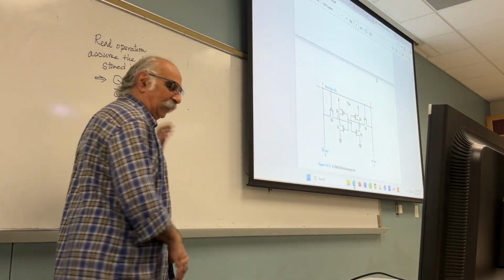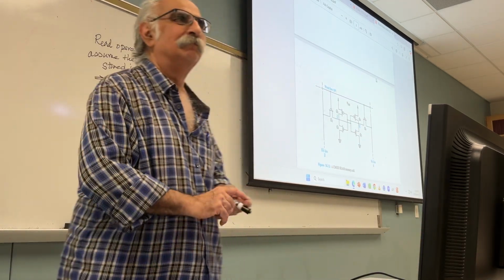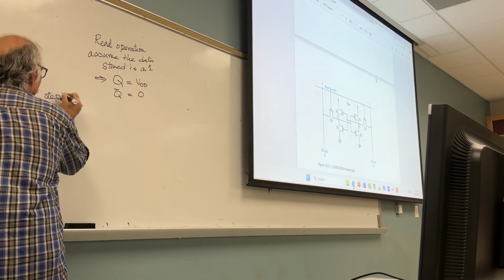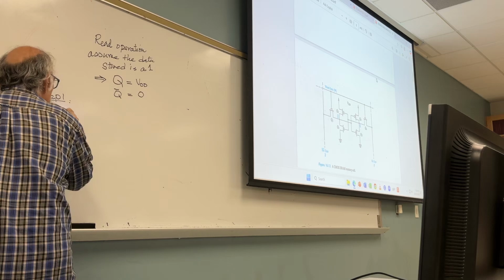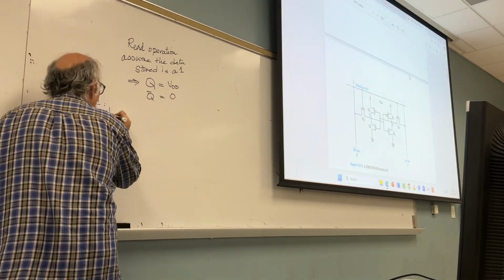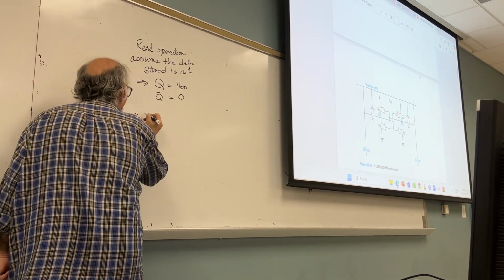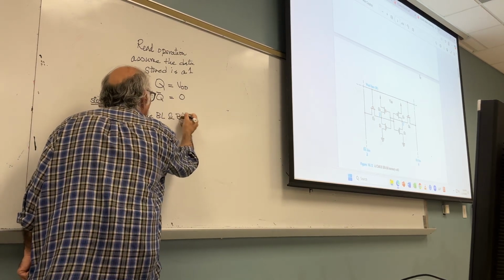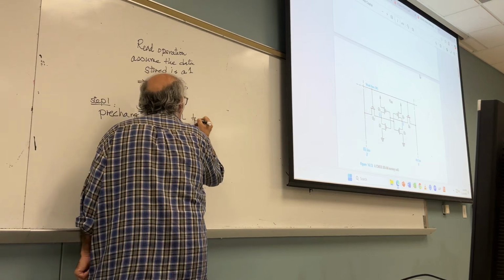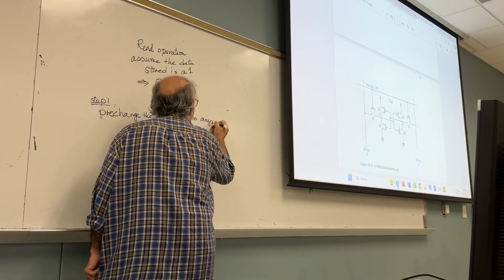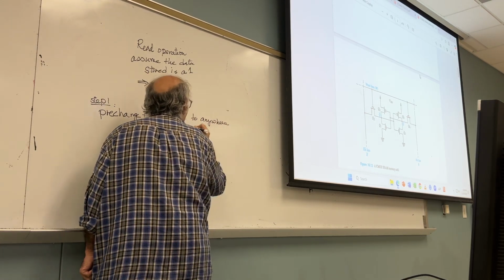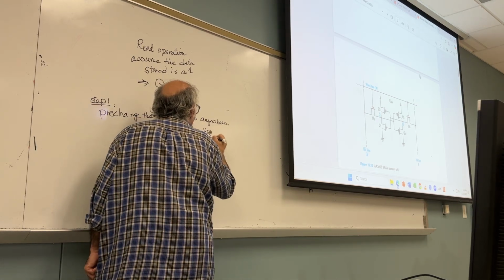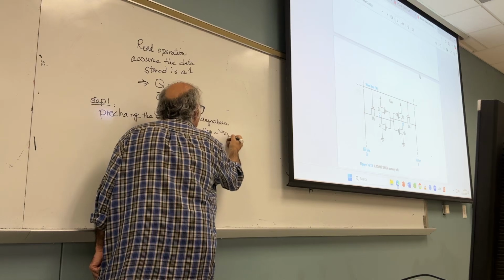What is the read operation? What is the first step? Step 1: pre-charge the bit line and bit line bar to anywhere from VDD over 2 to VDD.